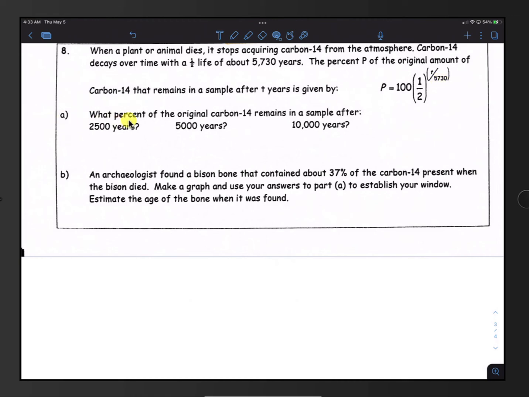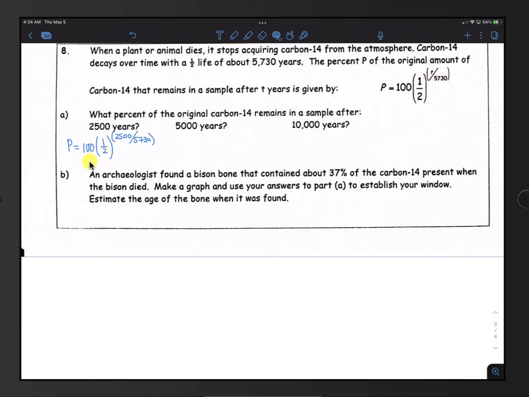All right, question A. What percent of the original carbon-14 remains in a sample after 2,500 years, 5,000 years, and 10,000 years? All right, with the 2,500 years, all we're doing is replacing the T with 2,500.